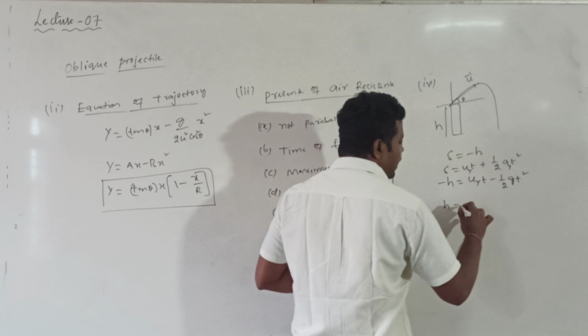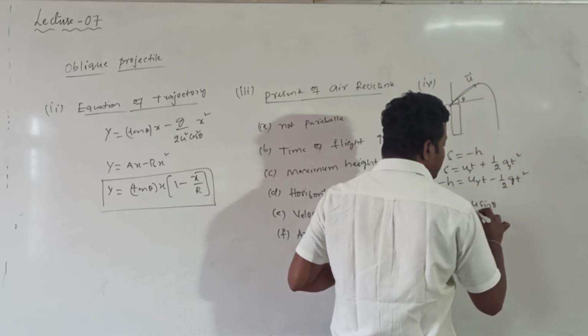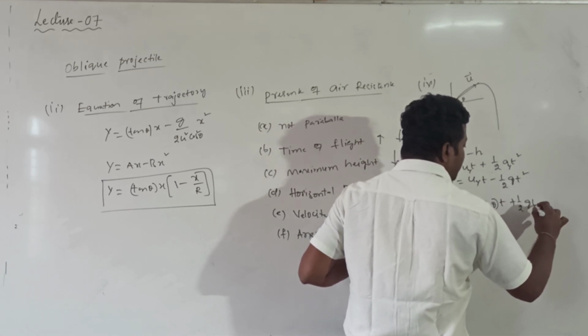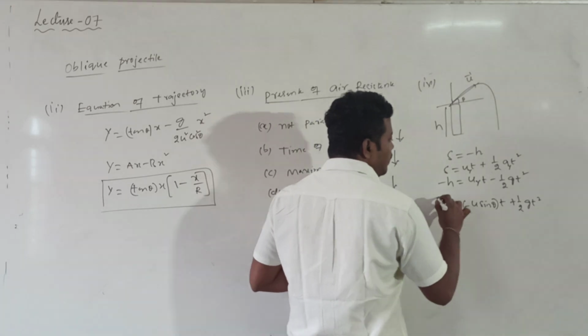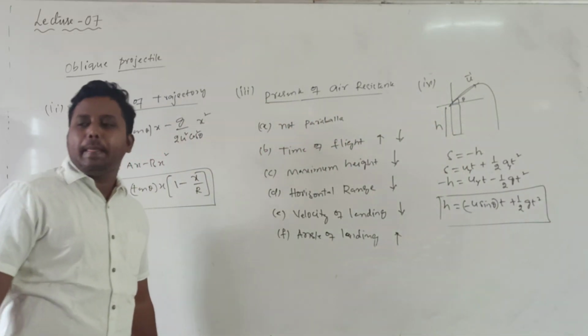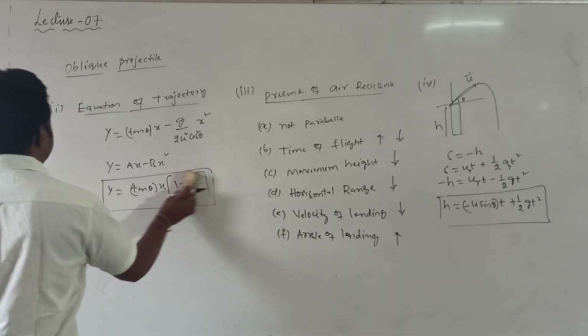Then h value will become minus u sin theta into t plus half into g into t square. This is the equation for a projectile which is projected from the top of the tower in the upward direction. Point understood now? So that is the fourth one.